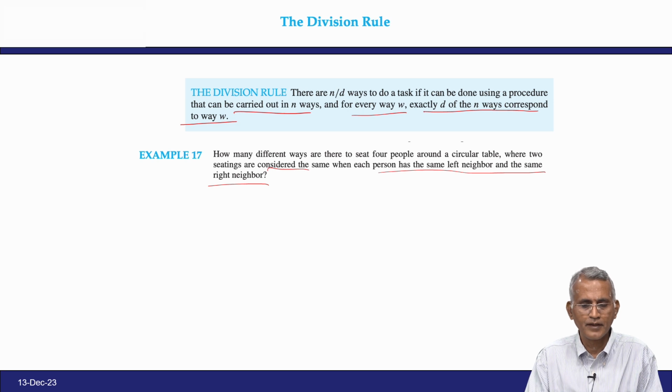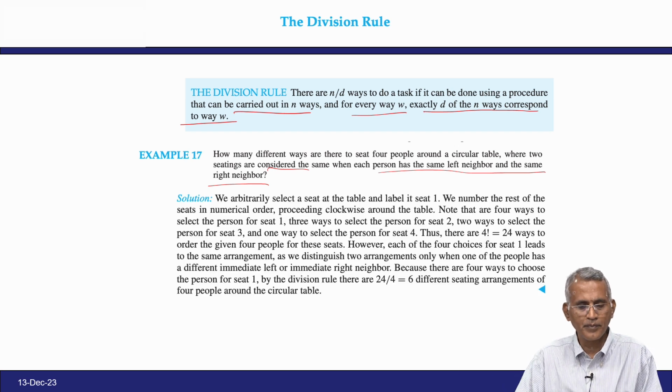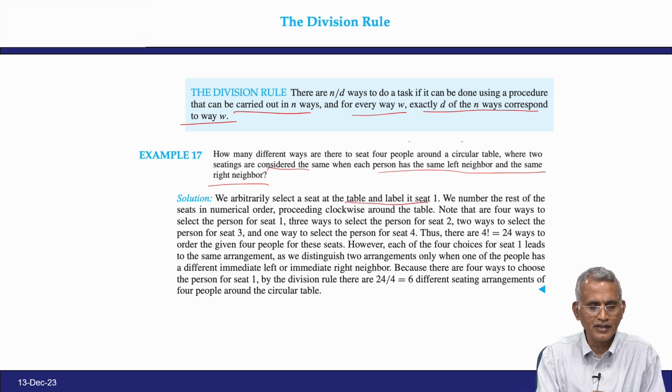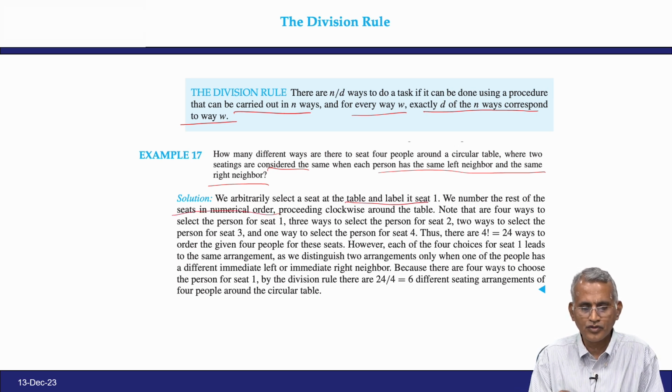So, we have to find the different ways to seat 4 people around a circular table. We arbitrarily choose a seat and label it seat 1. We number the rest of the seats in numerical order, proceeding clockwise around the table.